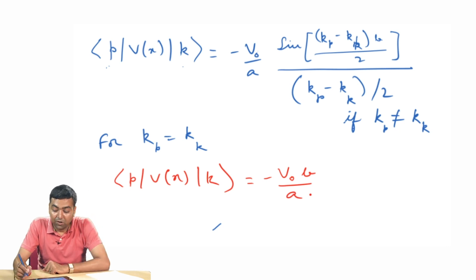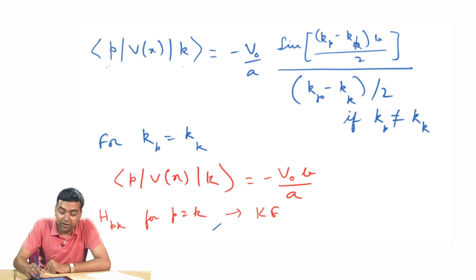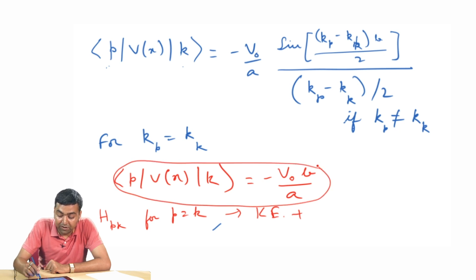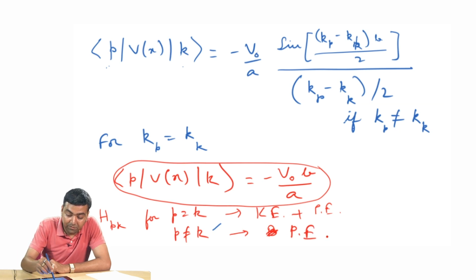Okay. So, for the matrix elements, for example H p k, this matrix element for p equal to k will have a contribution from the kinetic energy term plus this term of the potential energy, while for p not equal to k, the matrix elements will have only contributions from the potential energy, that is from this particular term here.